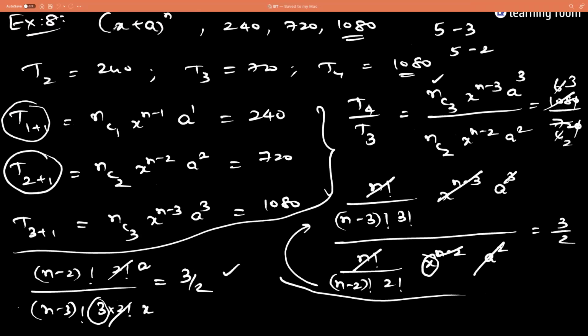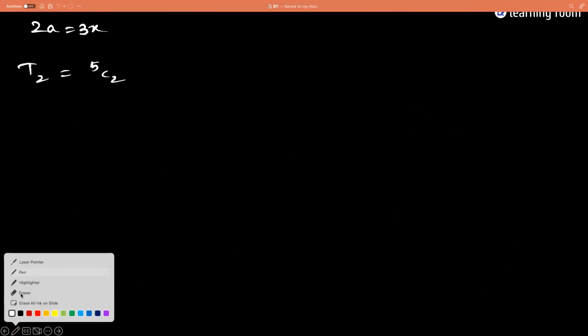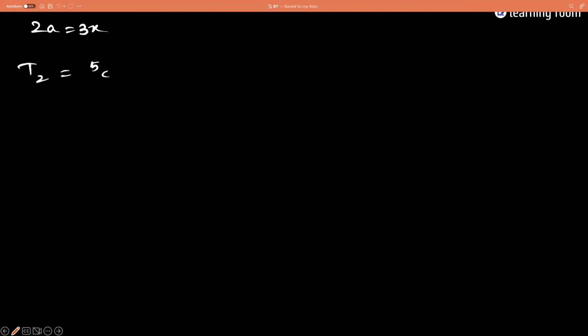And can we find this coefficient? For example, T2 is there. So T2 will be equal to 5C2, or 5C1, sorry. 5C1 into x^4 multiplied with a^1 is 240. They give the second term as 240.